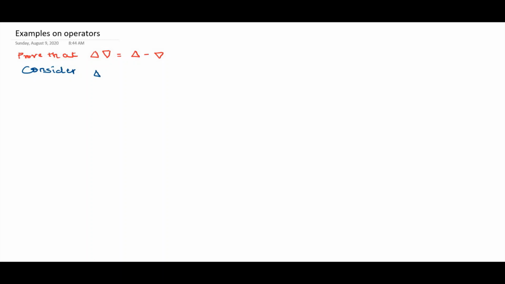consider delta into del, I will take f of x. As we know, the value for delta we can write as e minus 1 and del we can write as 1 minus e raised to minus 1.